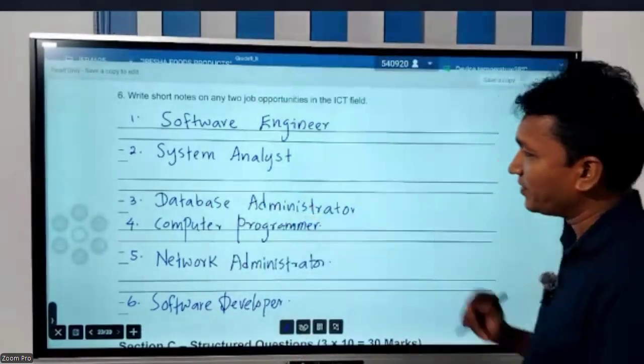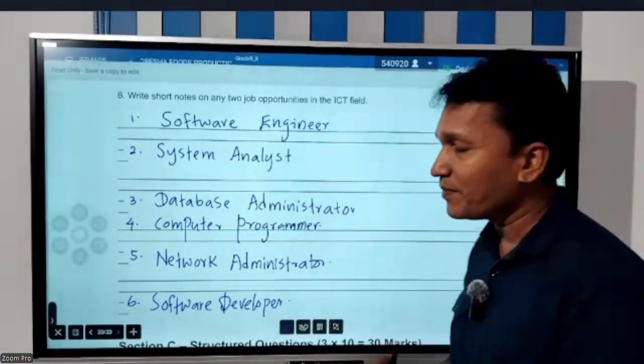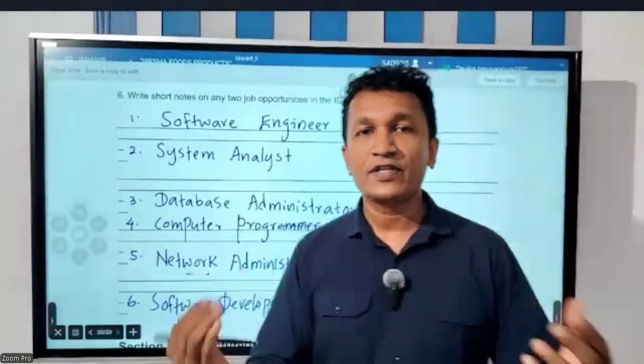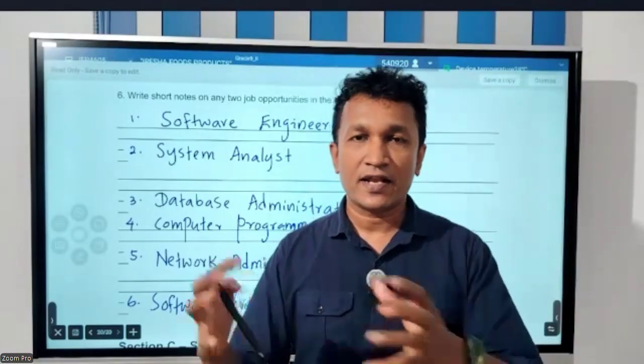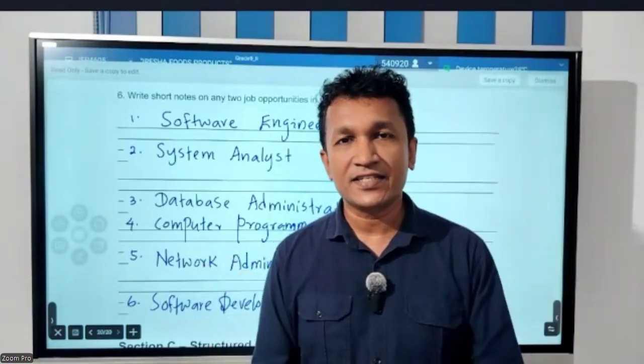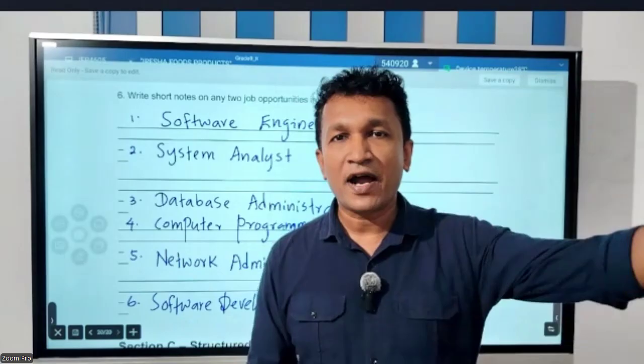Network administrator. We know there are networks. In a bank, there is a network. There are a lot of computers interconnected, and there are several branches.